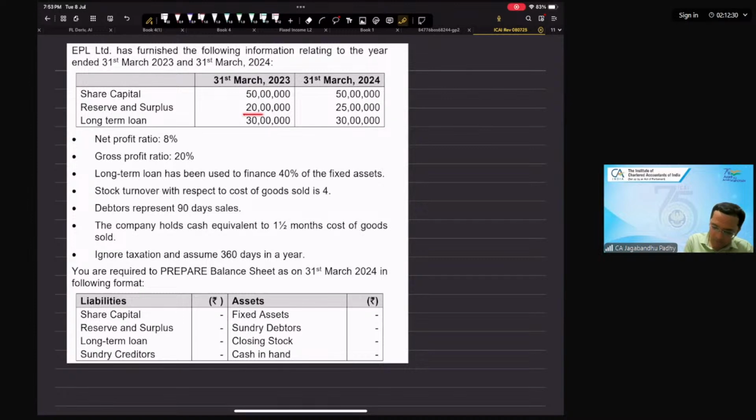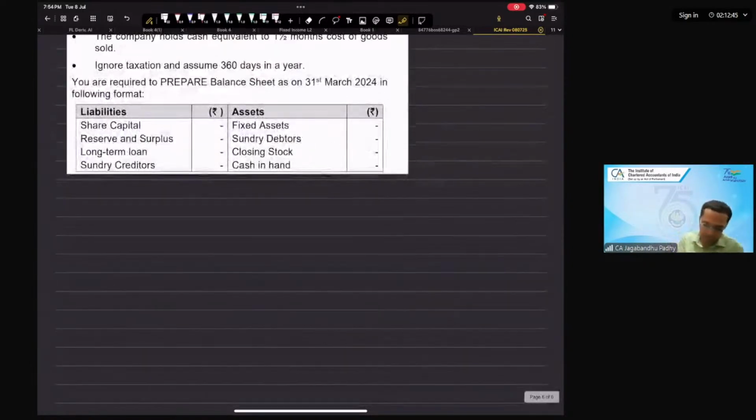Pretty easy. You can see the reserves and surplus are increasing by 5 lakh. That 5 lakh is representing the profit, and that's nothing but the net profit ratio, which is 8%.